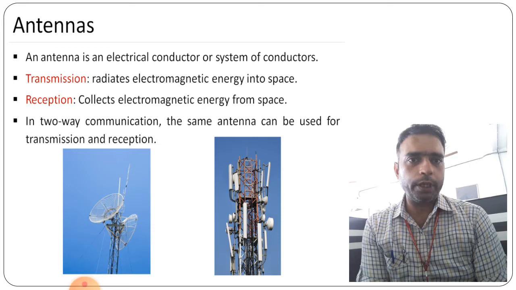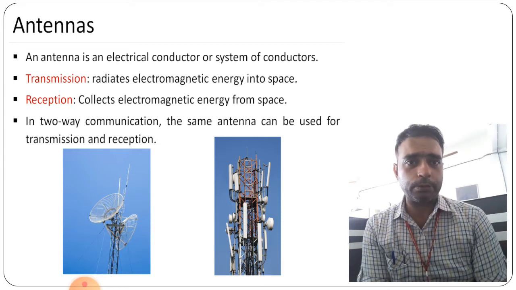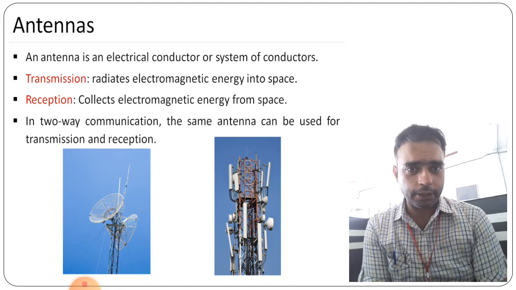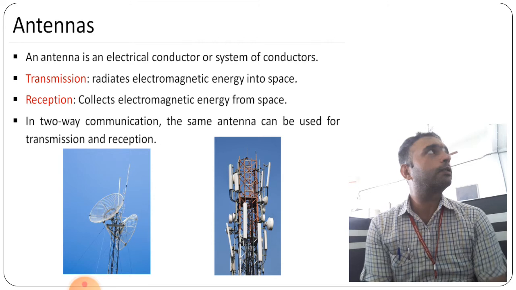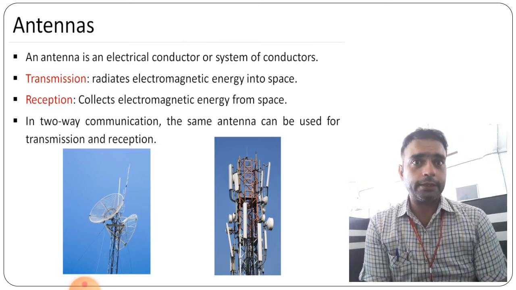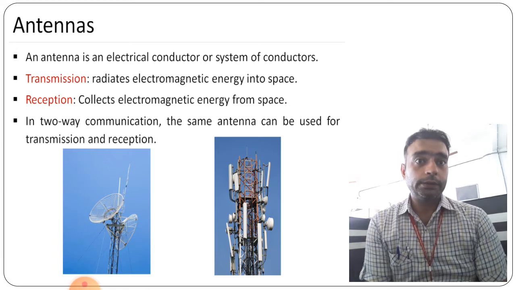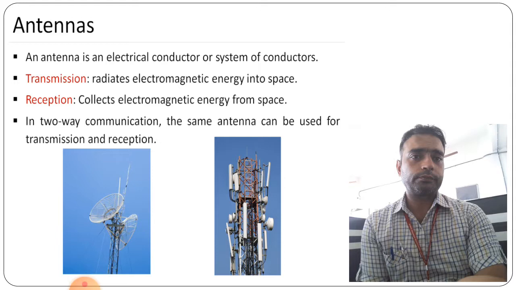Here two-way communication is done. The same antenna can be used for transmission and reception. Below we can see the example of the antenna, the electrical conductor and a system of conductors.